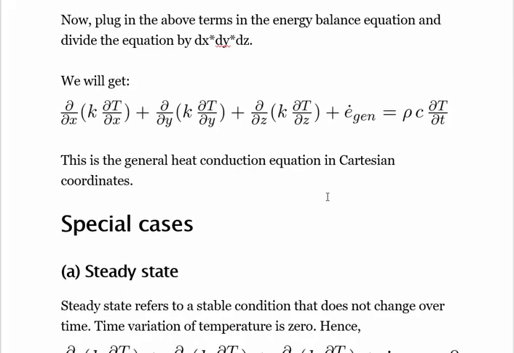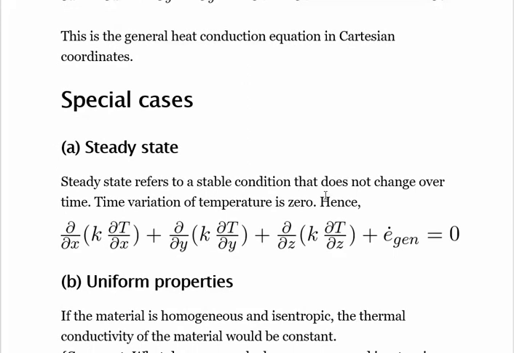For the special cases, first we have the steady state. Steady state means there is no movement. The steady state refers to a stable condition that does not change over time, and the time variation of the temperature is 0.